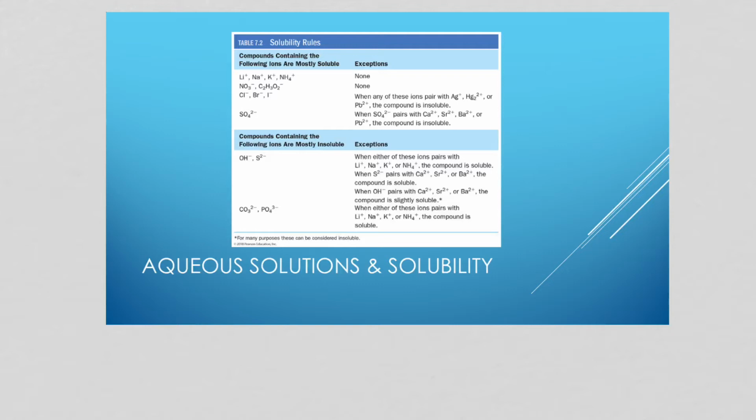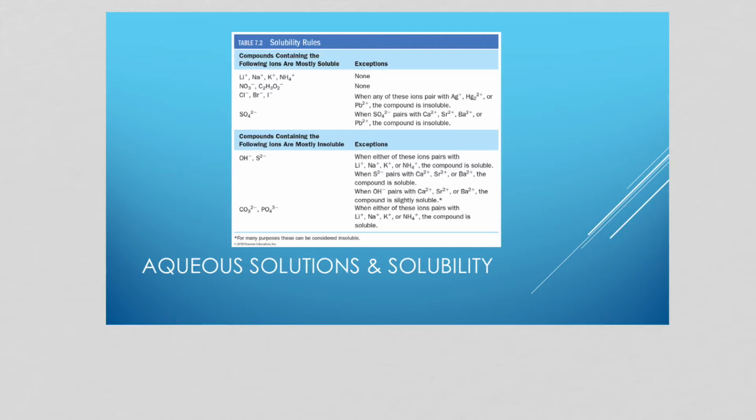We have the first part of the table, which lists ions that, if they're part of an ionic compound, will make it dissolve in most cases. And on the bottom, we have ions that when they're involved in an ionic compound, they'll make that compound insoluble most of the time. So let's kind of look through these rules.